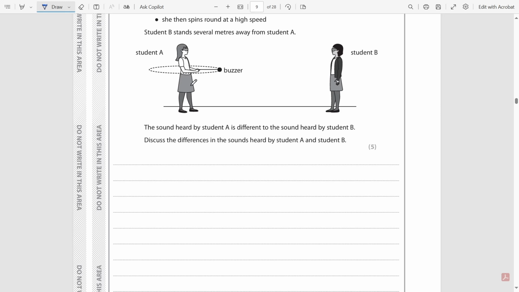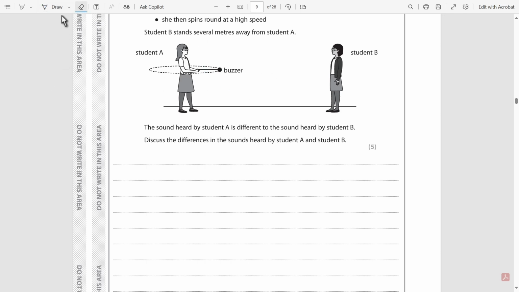And because student A is always constantly, the buzzer is never really going away from her. So the buzzer will always have the same pitch to student A, unlike student B, because remember, student B is going to experience lower and higher frequencies of sound waves from the buzzer.